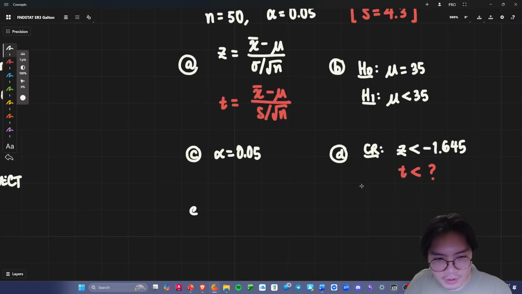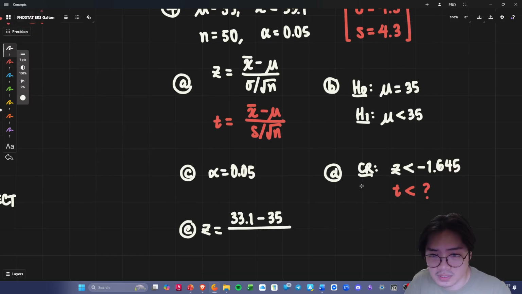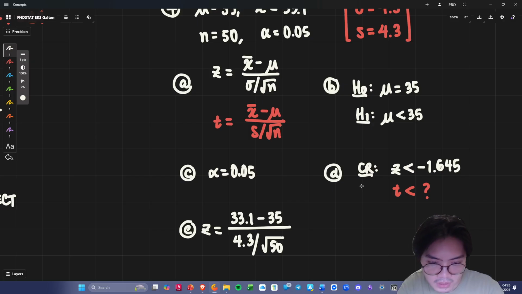Now we do our calculation. Letter E, 33.15 all over 4.3 divided by the square root of n. We get negative 3.12.